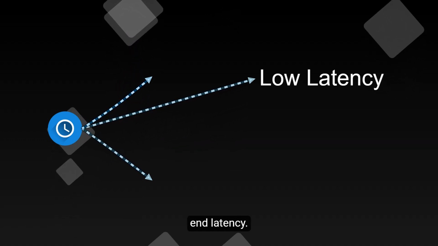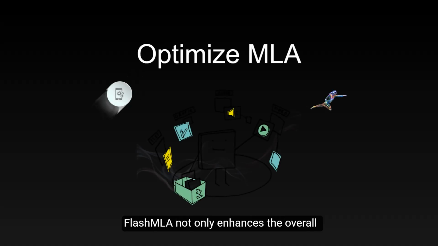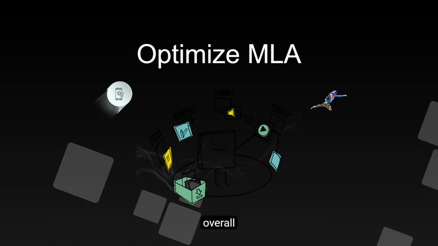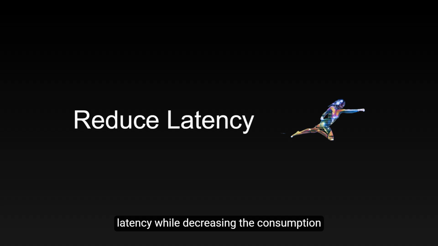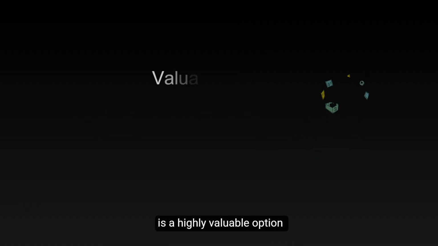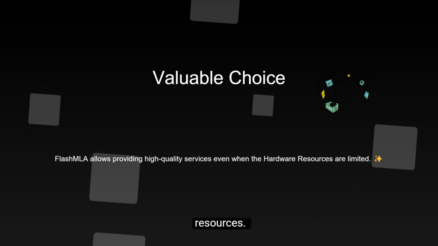By optimizing MLA operations in these scenarios, FlashMLA not only enhances the overall performance of applications, but also helps reduce inference latency while decreasing the consumption of computational resources. This is a highly valuable option for teams that need to provide high-quality services under limited hardware resources.